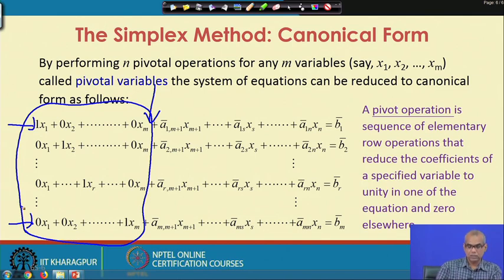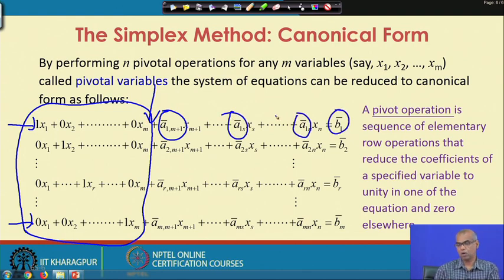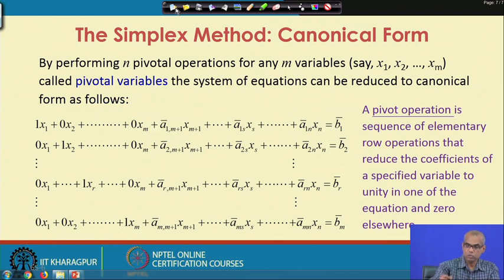Please note that these coefficients as well as the right hand side constants have all changed from their original values due to the series of elementary row operations for conversion of the system to its canonical form.